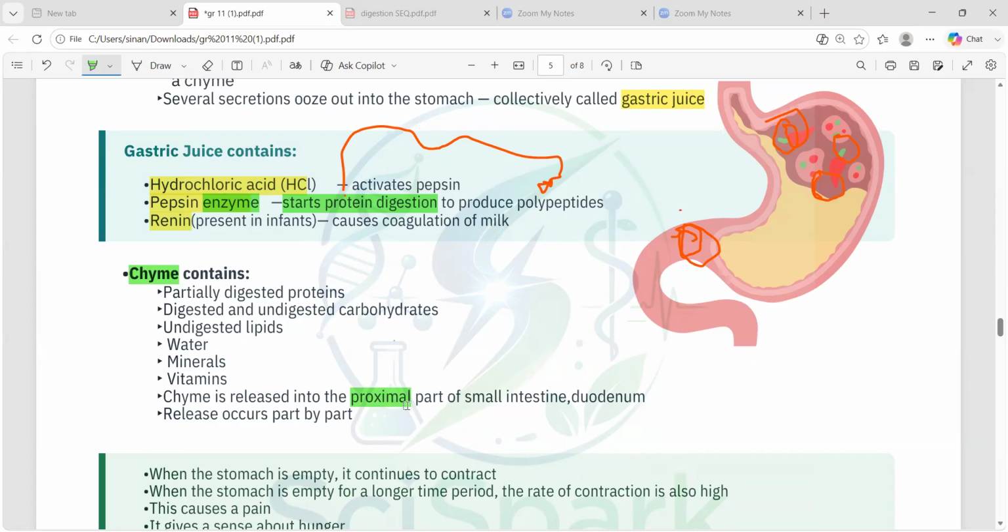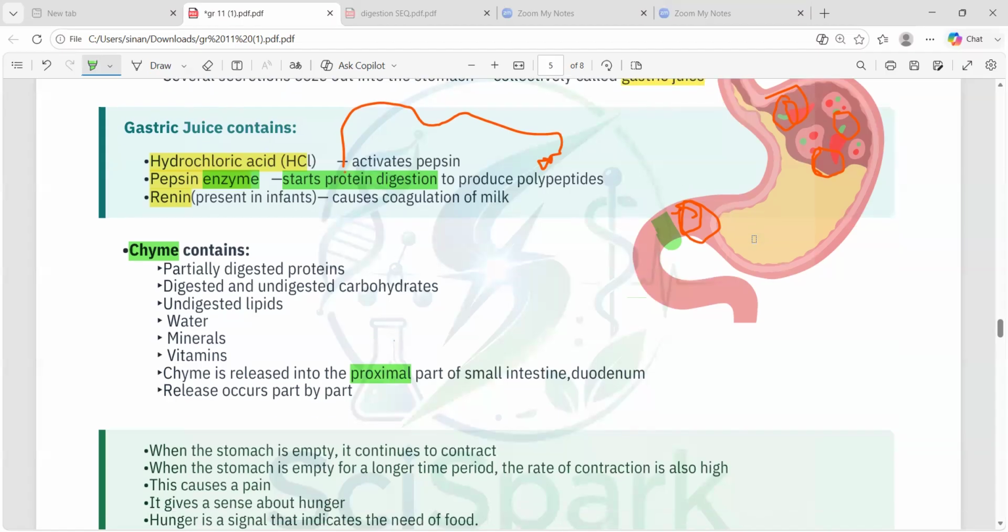Okay, so the ending part is called the distal part, and the initial part is known as the proximal part. So chyme will be released to the proximal part of small intestine, obviously, right? Because from here only the small intestine will be starting. Okay, from here only the small intestine starts. Therefore, the chyme will be released from the stomach into the proximal part of the small intestine.